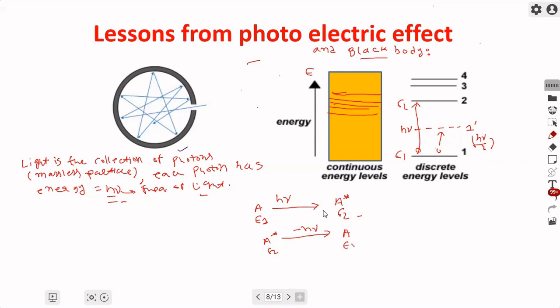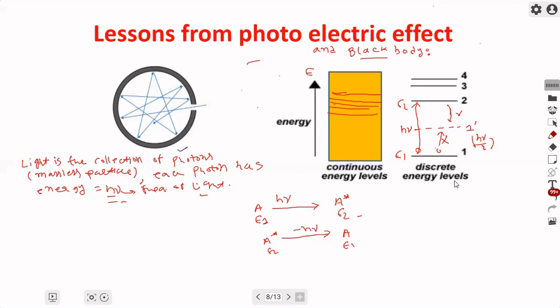Again, as half the photon energy cannot be released, it does not fall into this intermediate state.